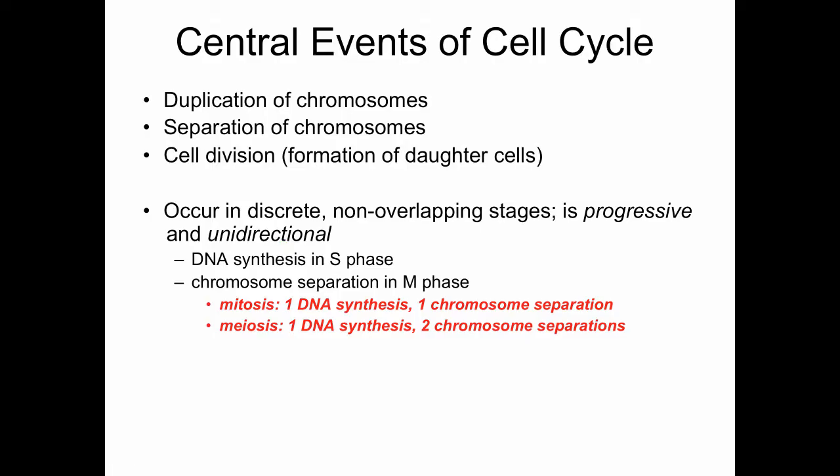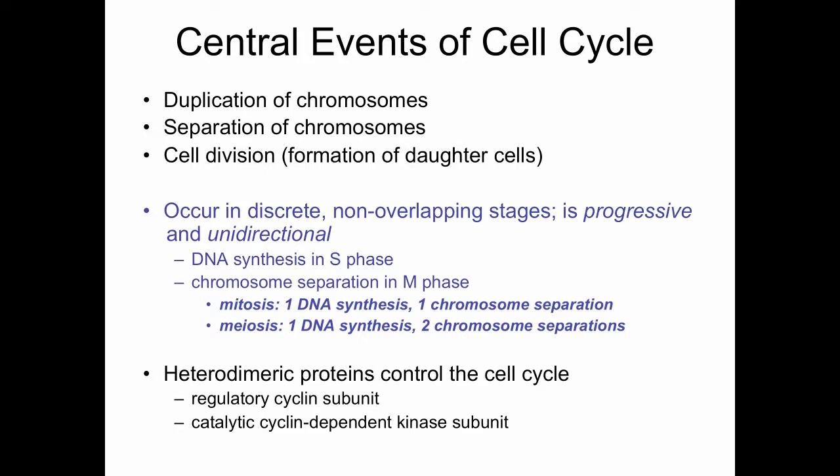You have to have DNA synthesis that occurs in the S phase of the cell cycle, and then chromosome separation occurs in the M phase of the cell cycle. And for mitosis, there's 1 round of DNA synthesis, 1 chromosome separation. Meiosis has 1 round of DNA synthesis and 2 chromosome separations.